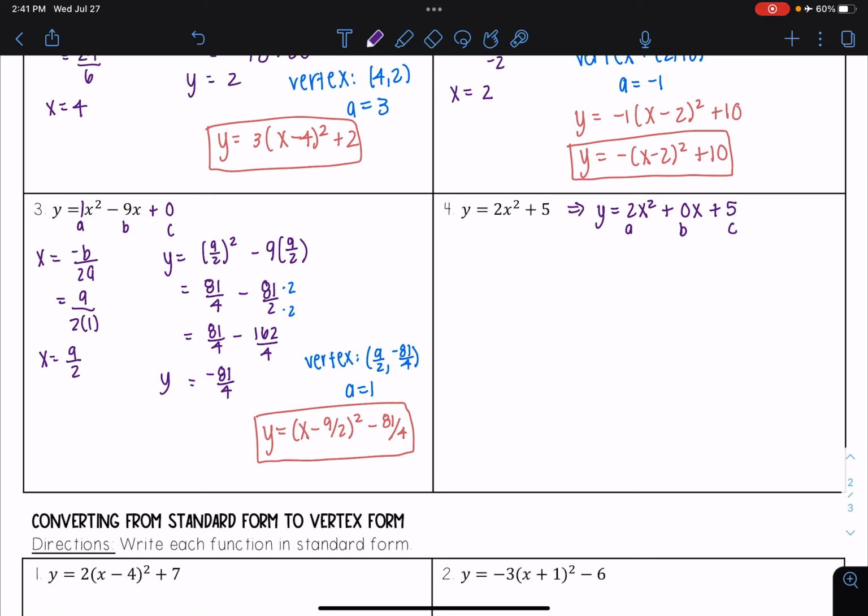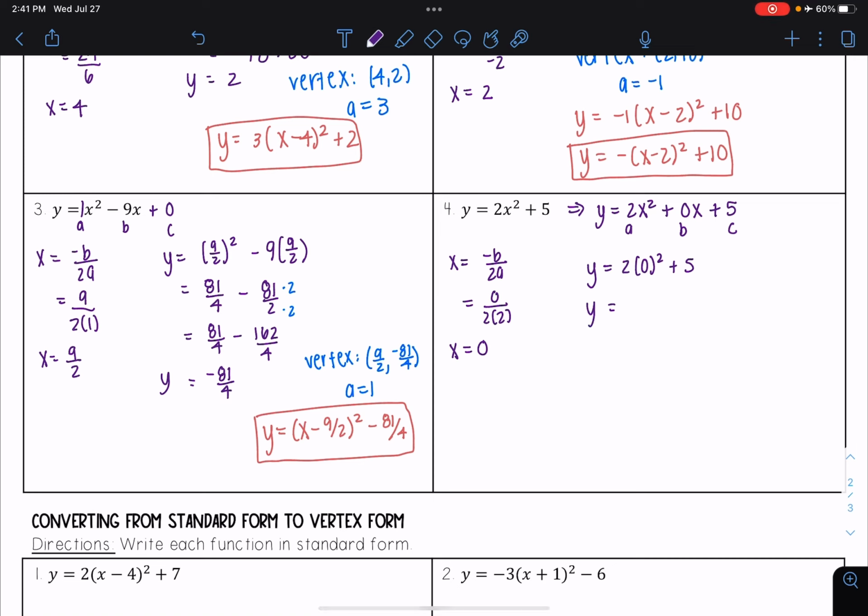And so finding my x value, I have x is equal to the opposite of b over 2a. Well, my b value is just 0, so I have 0 over 2 times 2. 0 divided by any number is 0, so I have that x is equal to 0. Plugging in to find y, I have y is equal to 2 times 0 squared plus 5.